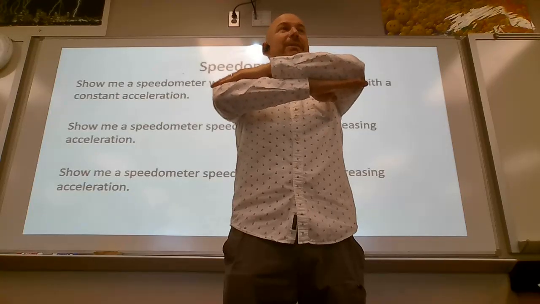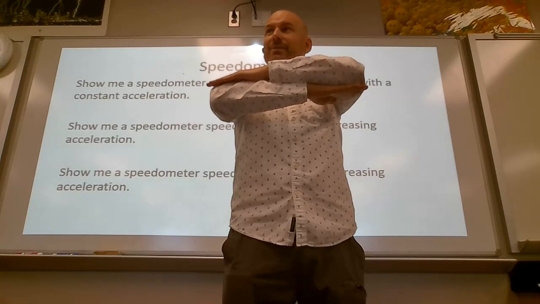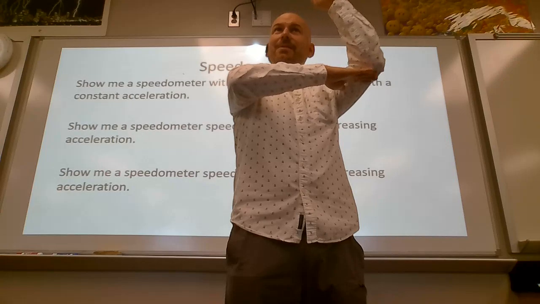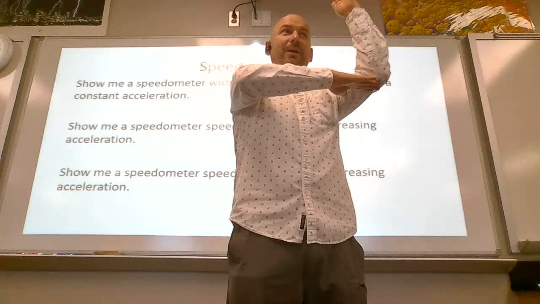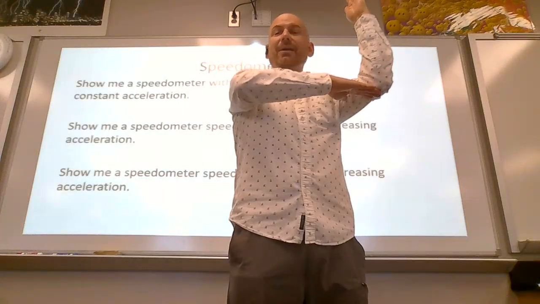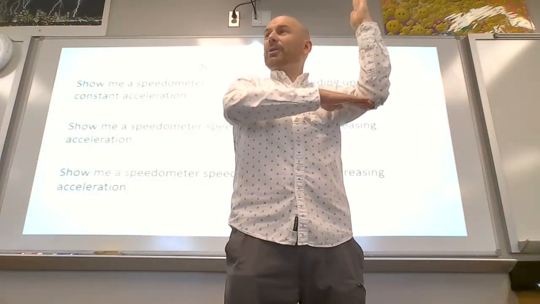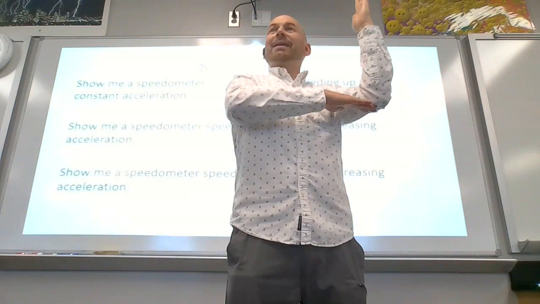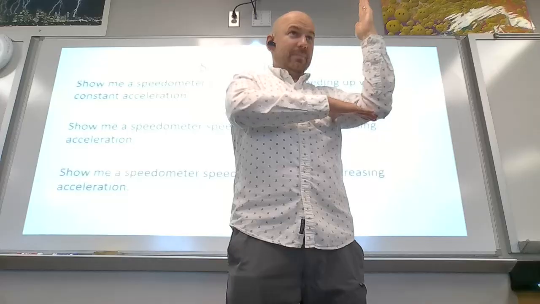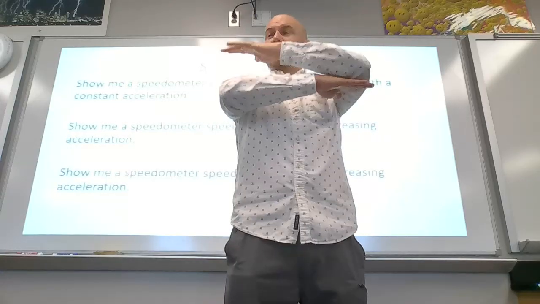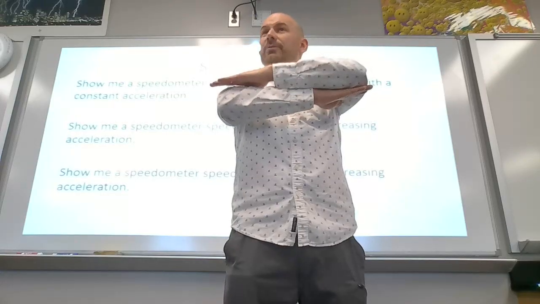Speeding up with a decrease in acceleration looks like this. You are speeding up the entire time, just the rate at which you are speeding up is decreasing. Your speedometer is how quickly your speedometer moves.